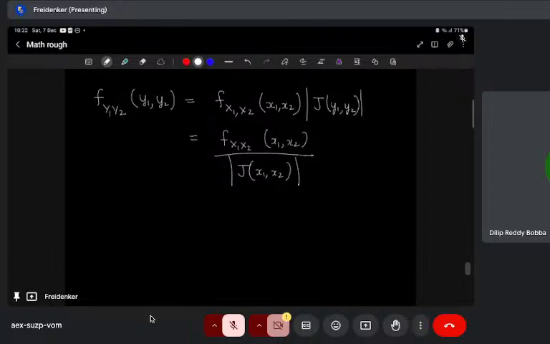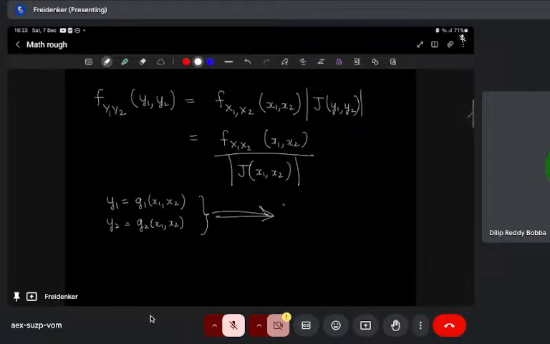Now what do we know? We know y1 is a function of x1 and x2, and we know y2 is also a function of x1 and x2. And we assume that if we solve this, we get a unique solution such that x1 is a function of y1 and y2, and x2 is also another function of y1 and y2.